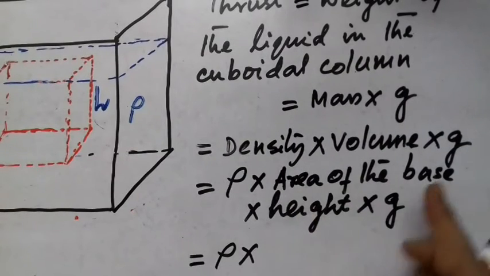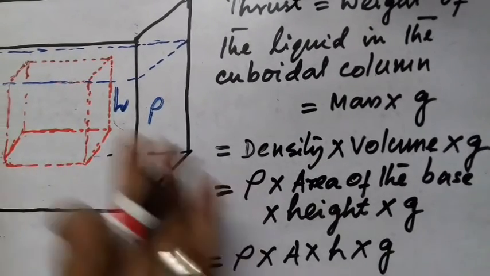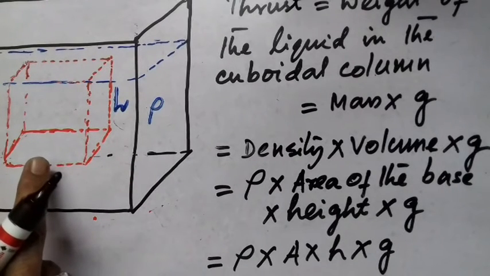Let me represent area by capital A. Height is given as h multiplied by g. So this is the measurement of thrust exerted by this cuboidal water column on its bottom surface.